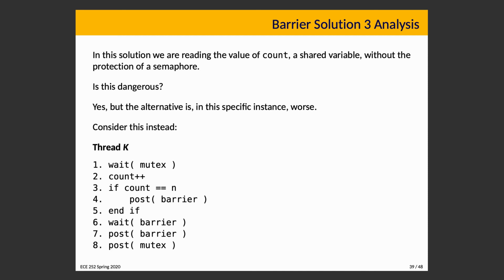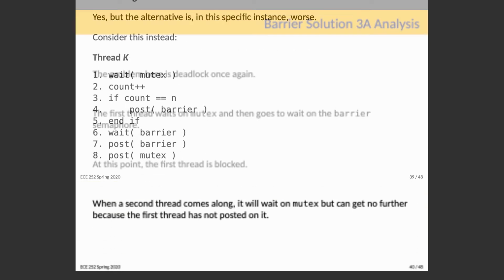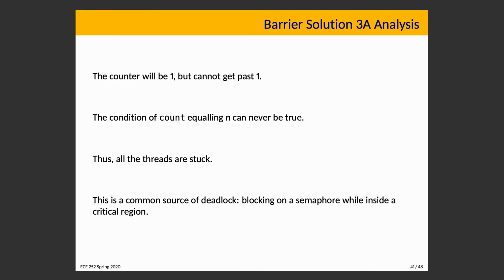So this should be a danger sign to watch out for. Okay, so in our counter in the previous example, where we unlock the mutex way at the end, counter can never get past 1, the condition of count equaling n is never true, and all of the threads are stuck.